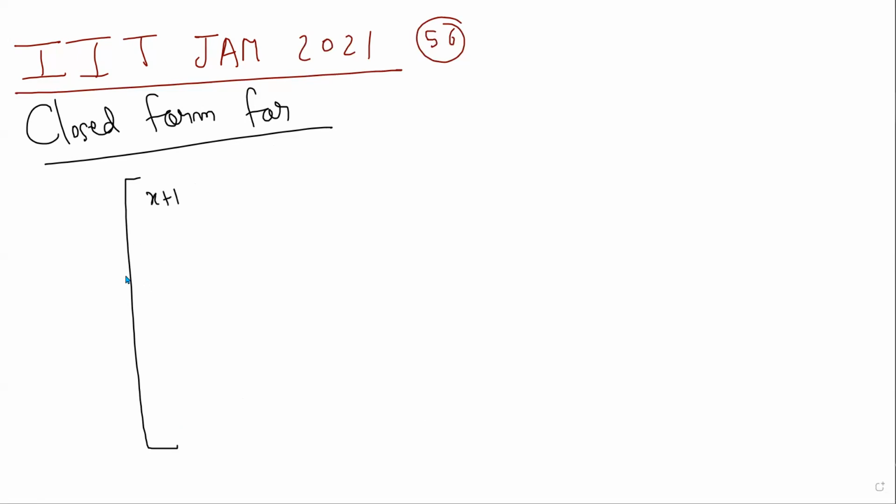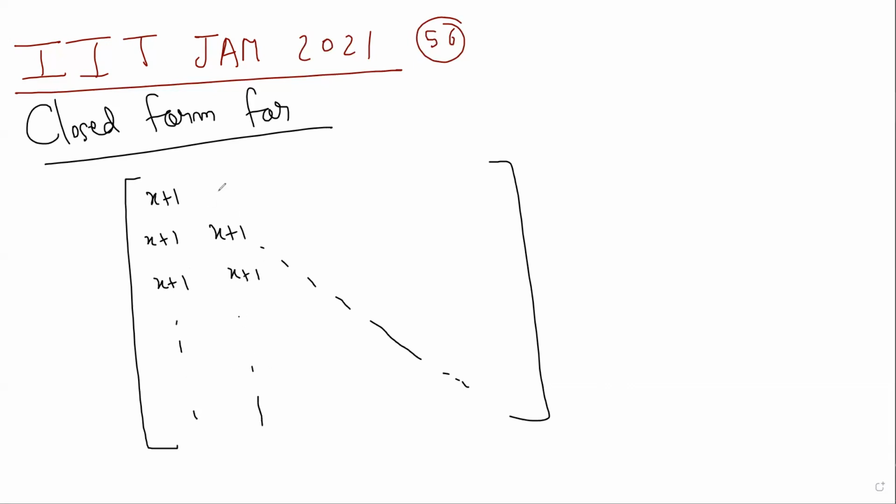So as it was in that one, that is x plus 1 on the diagonal and x plus 1 everywhere below and x everywhere above. So there should be a closed form for this kind of thing, right?